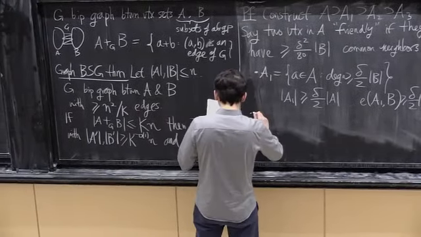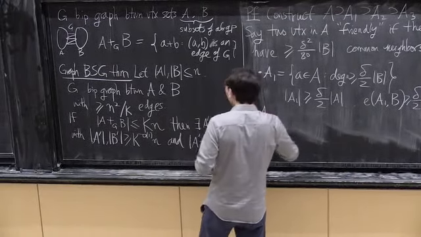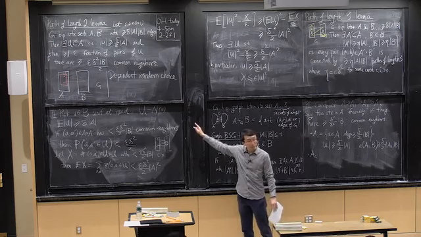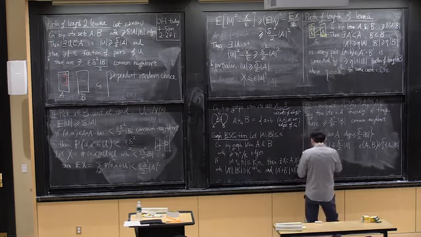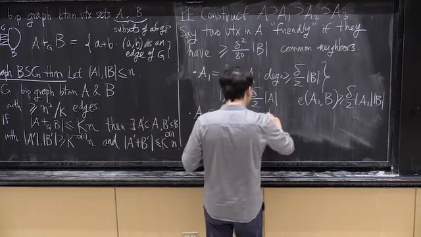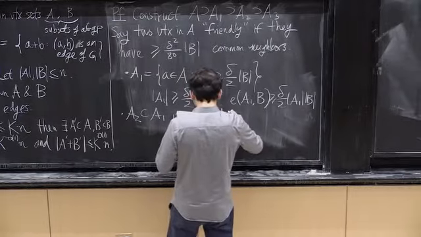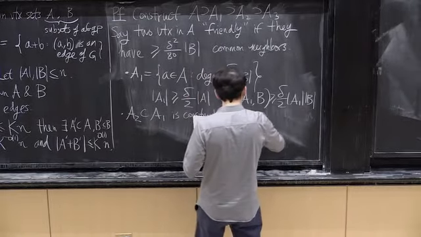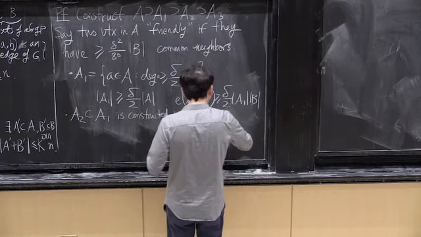In the second step, we are going to apply the path of length 2 lemma to this A1. So A2 is going to be constructed using the path of length 2 lemma.